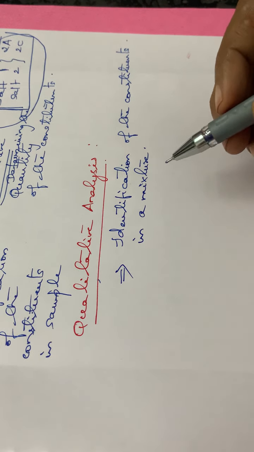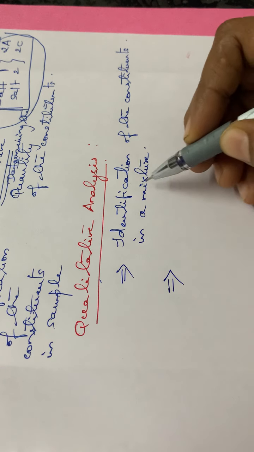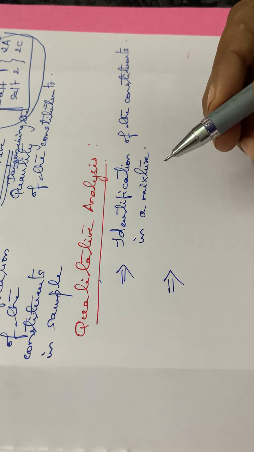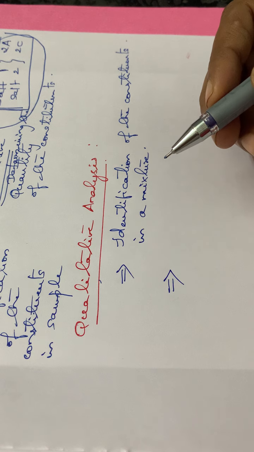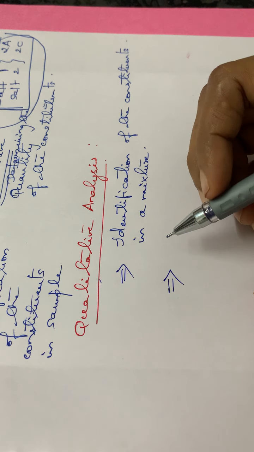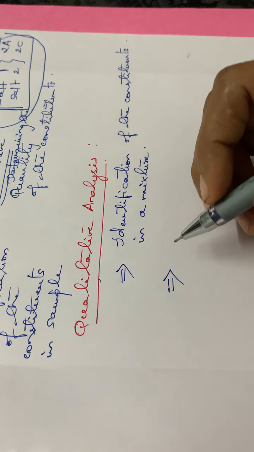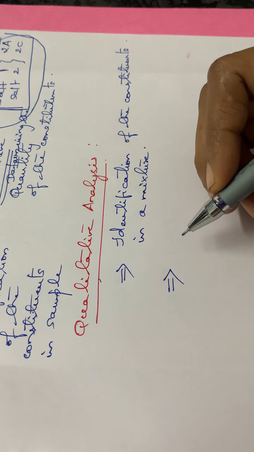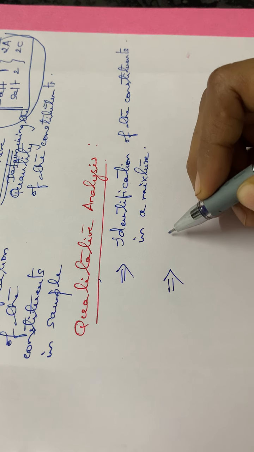Normally while we are identifying, you might have done some of the tests while determining the anions and cations present, isn't it? So you will be doing some reactions. Say for example, you will be determining the presence of CO2.